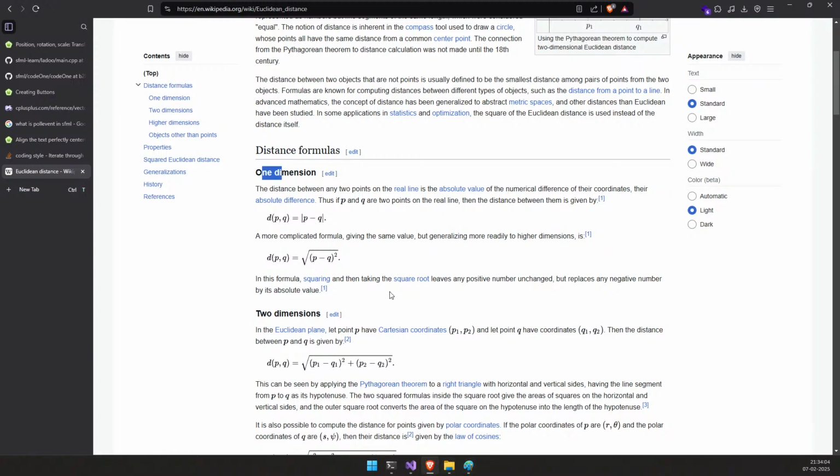So what we can do is get the delta, the distance between the points in real dimension, their absolute difference. Thus, if P and Q are two points on the real line, then the distance between them is given by the absolute value of P minus Q.